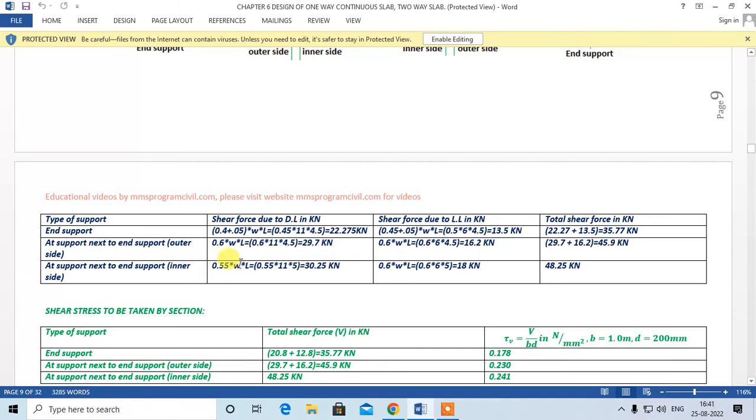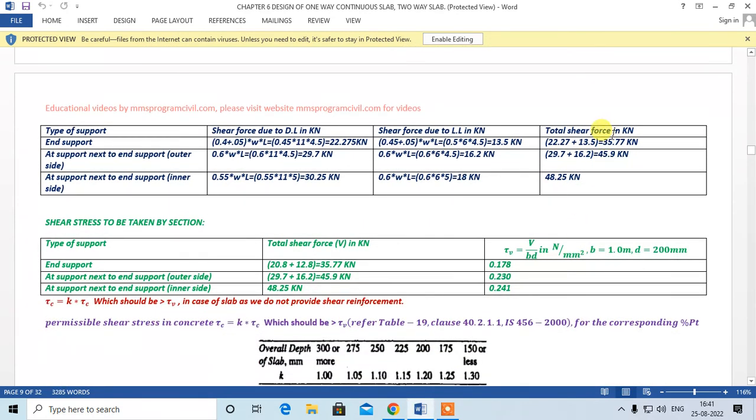Instead of 0.5, I've taken 0.55. This is going to be a little bit more, so it doesn't matter, it's going to be more safe. This comes to 48.25 kilonewton, right? So this is how you find the shear force.